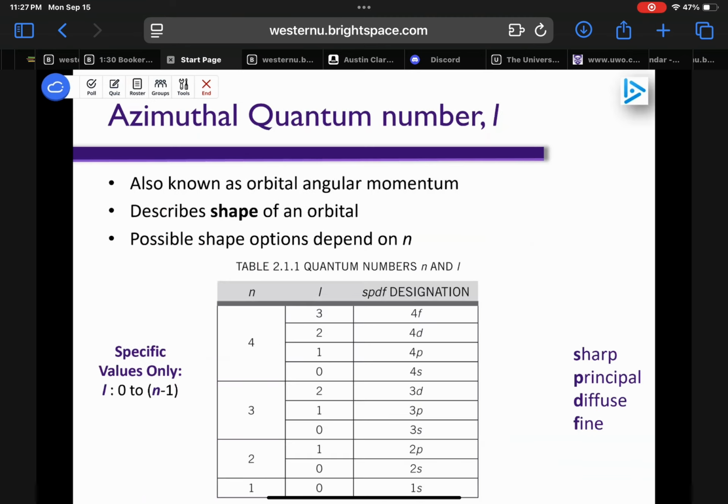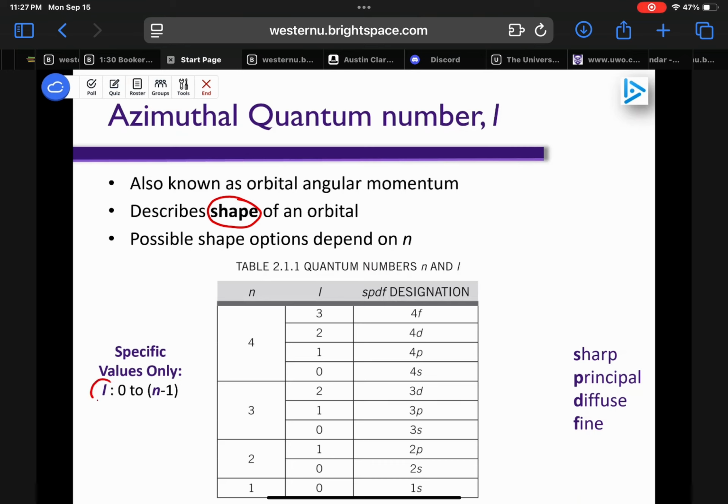So the second quantum number, the second important piece of information about an orbital, is L, the azimuthal quantum number, or the angular momentum quantum number. This gives us a good idea of the shape. Each of these L quantum numbers coincides with a particular shape.